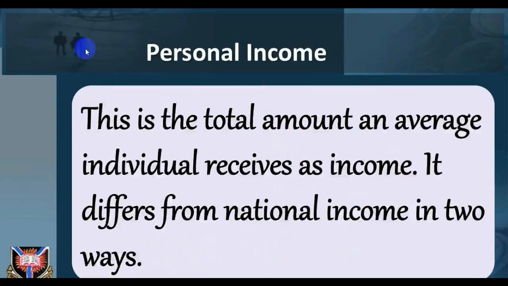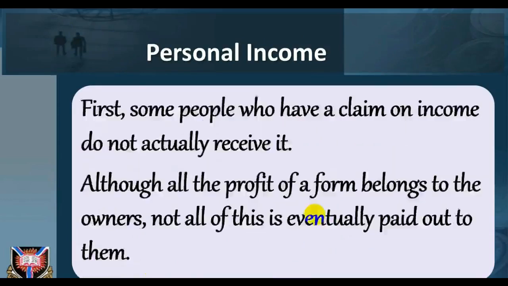Personal income. This is the total amount an average individual receives as income. It differs from national income in two ways. First, some people who have a claim on income do not actually receive it. For example, although all the profit of a firm belongs to the owner, not all of this is eventually paid out to them.